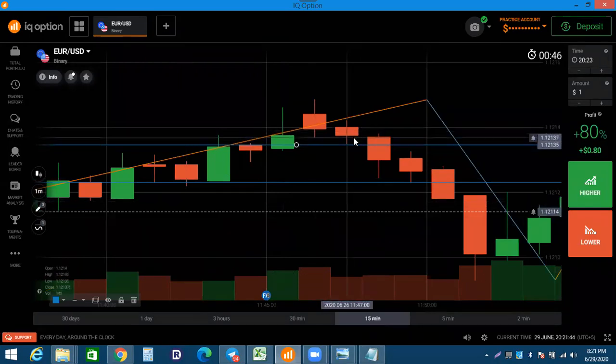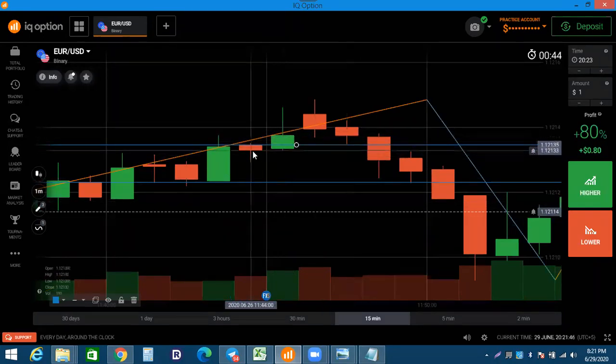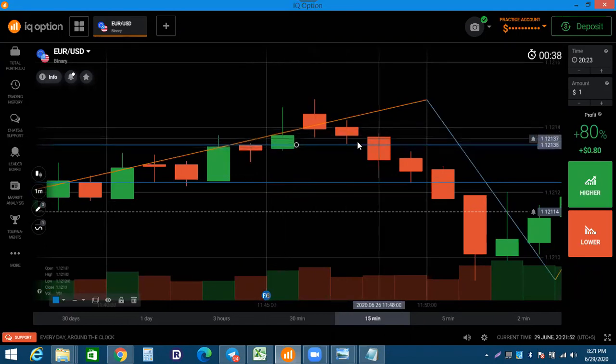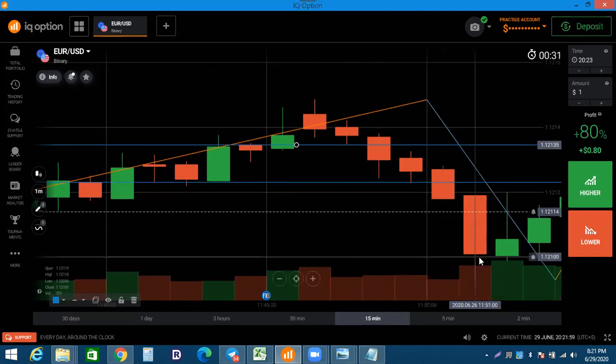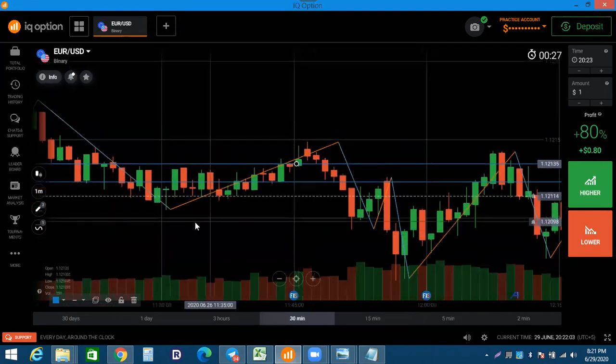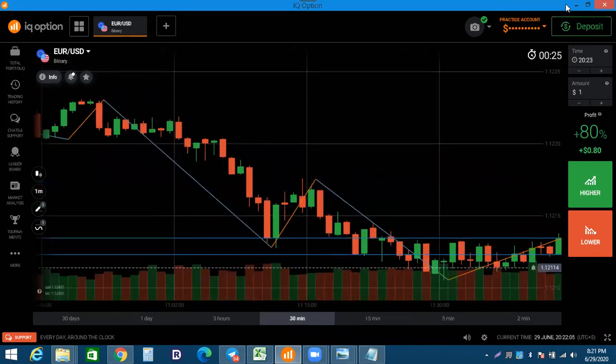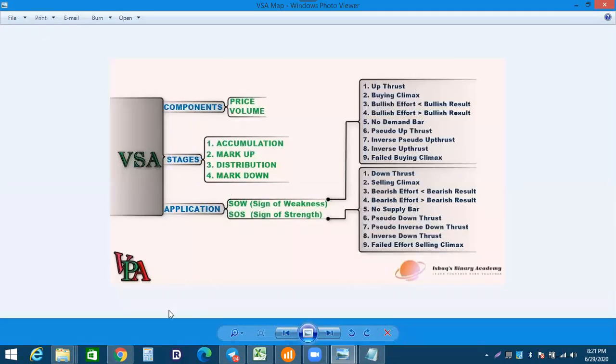There is a gap at the support because we found this support level. Before, there was a resistance, now acting as a support. So there is a gap, it will continue to go. Again, it's going down, so on this support it stops and the market starts again. So that is the no supply, no demand bar signal.